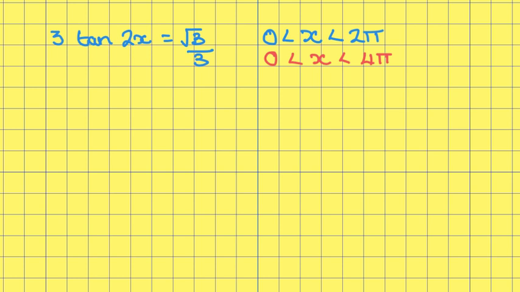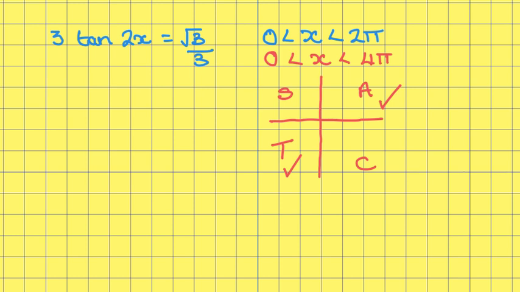So now let's draw our CAST diagram so we can see where we need to go. And we want tan to be positive, so tan is positive in quadrant 3 and quadrant 1.